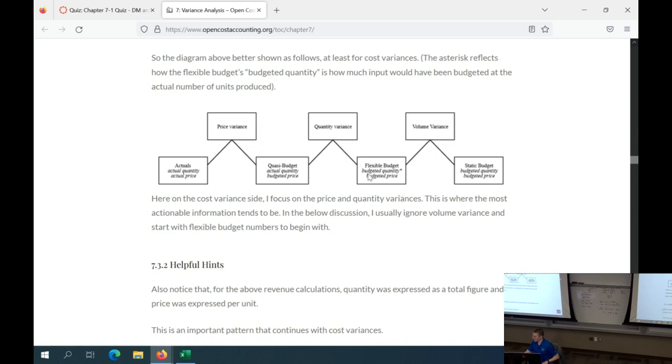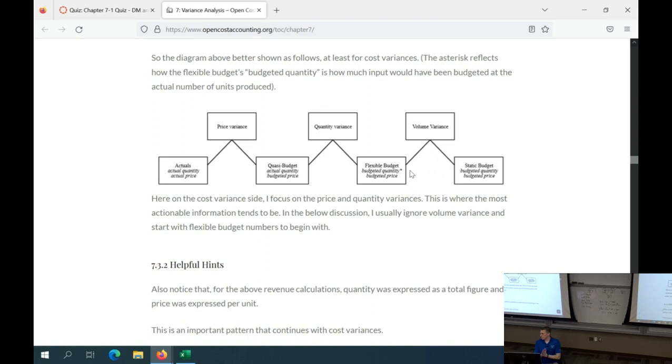What makes this budgeted quantity different than this budgeted quantity right here? Anybody remember any of the mnemonics or ideas, or just from your sheer intellect you know it? What makes the flexible budget different from the static budget? The flexible budget is using the actual quantity that we used multiplied by our standard cost.